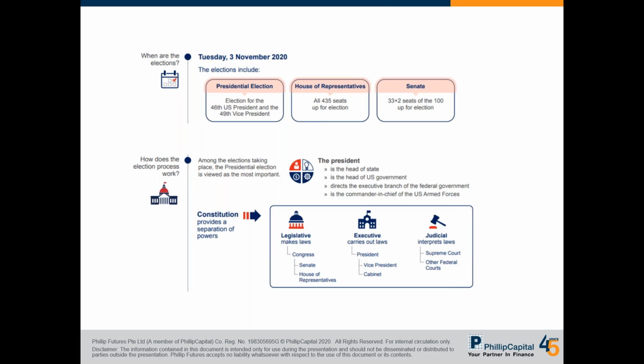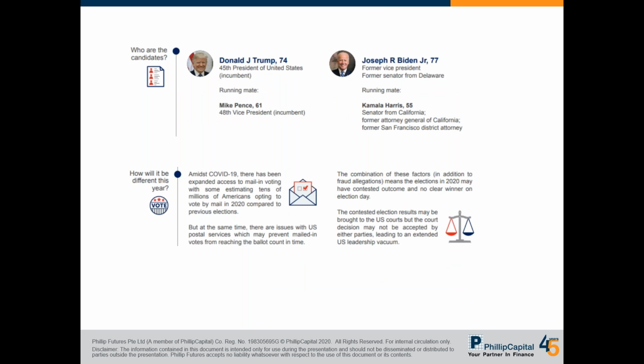Now, who is running? It is Mr. Donald Trump, aided by the current Mr. Mike Pence, his vice president, versus Mr. Joe Biden, aided by Kamala Harris, the current senator for California.